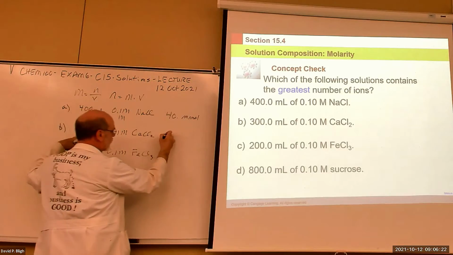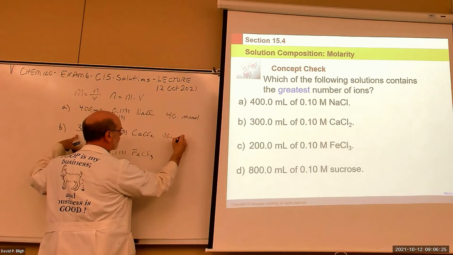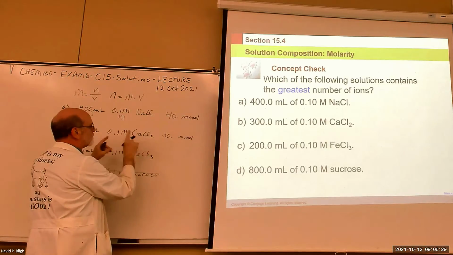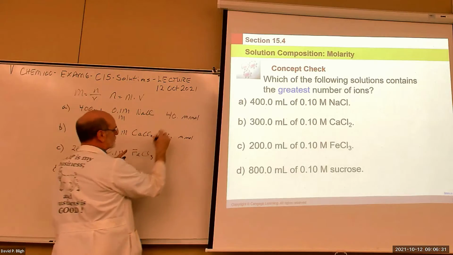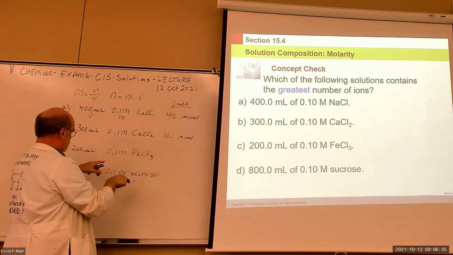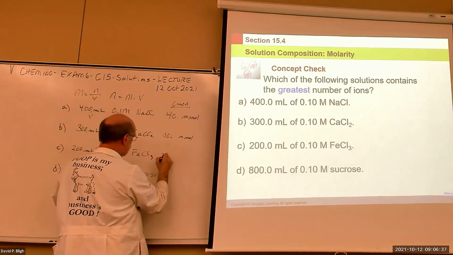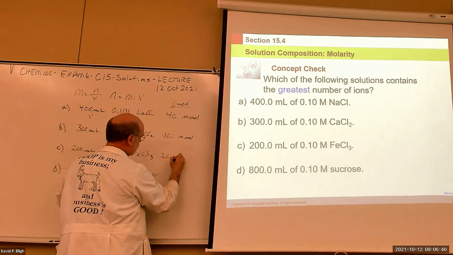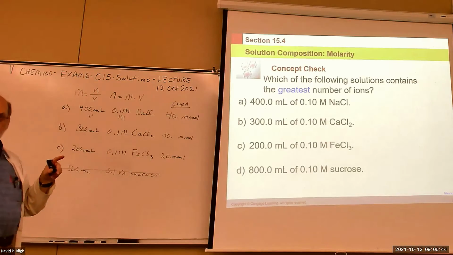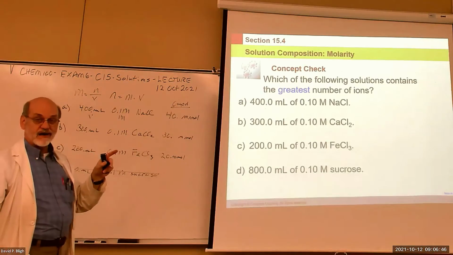This one will give us 30 millimoles of compound. Right? That's the formula unit. This one is 20 millimoles of the compound. But it asks us how many ions.